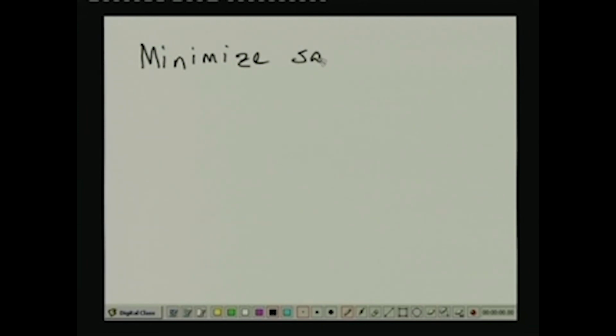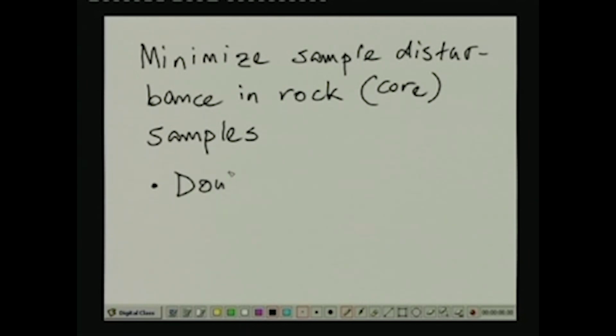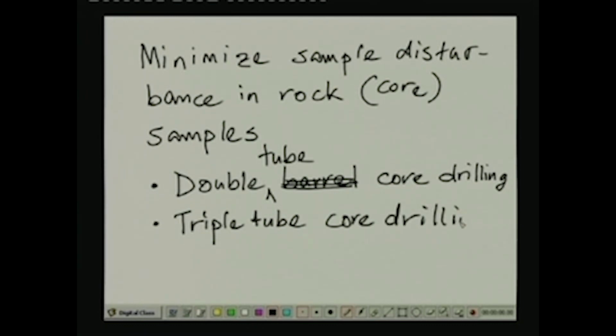To minimize sample disturbance in rock samples, let us say core samples of rock, we can either go with double tube core drilling, or we could even go with triple tube core drilling, which is even better.